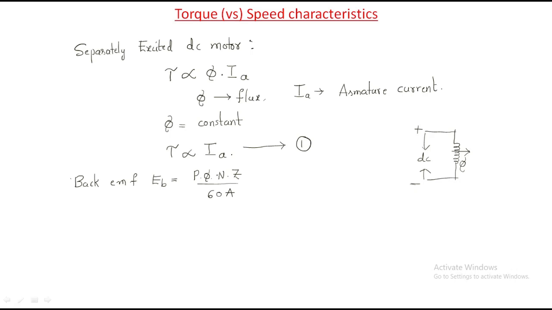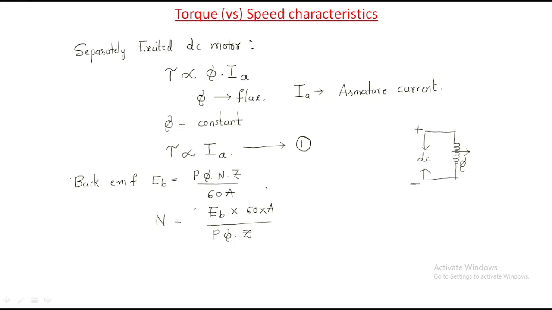Our requirement is the speed, so I can write speed is EB by 60 into A by P phi Z.